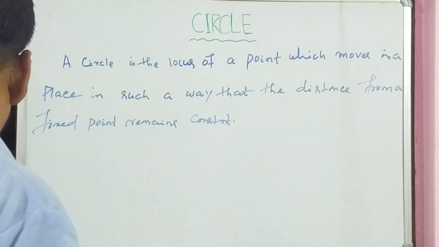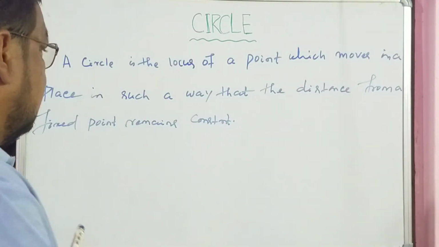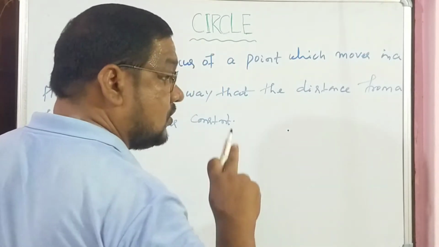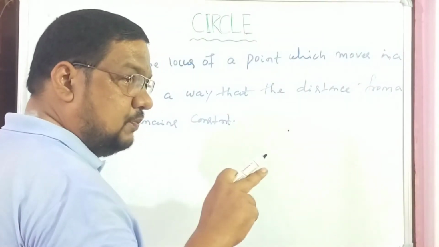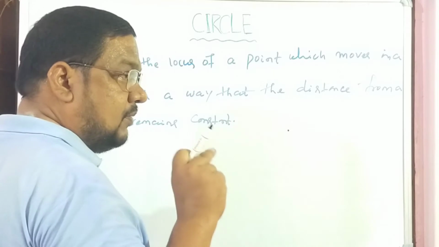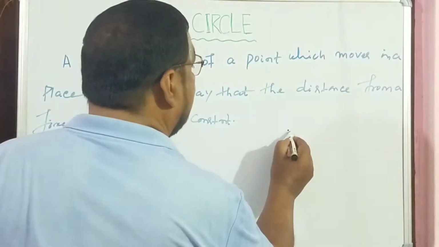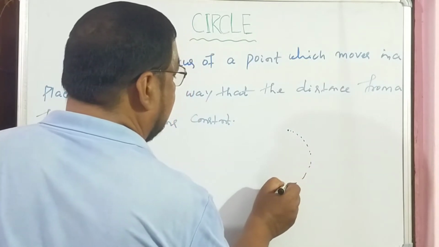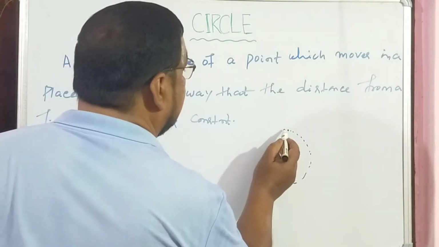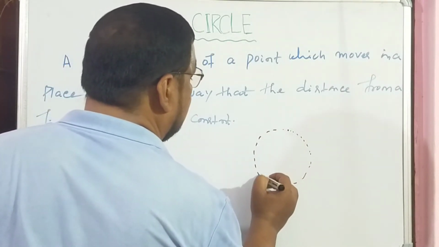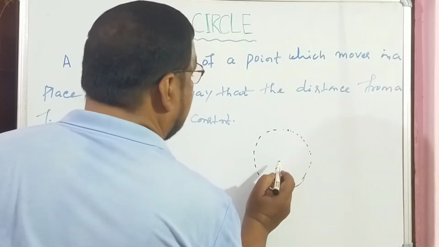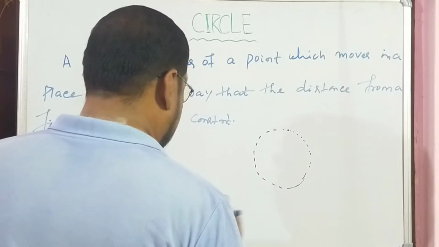This is a point. A circle is the locus of a point, the path of a point, which moves from a fixed point. This is the moving point. It is moving in a path in such a way that its distance from a fixed point remains constant.